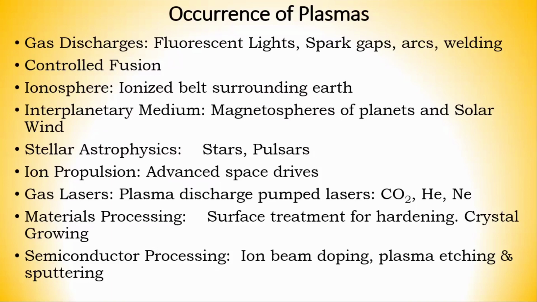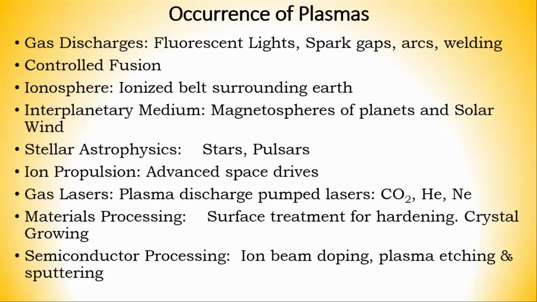That plume consists of the positive charges and negative charges of the target, the vaporized form of the target material, right? So that plume is nothing but the plasma. So during materials processing, surface hardening, surface treatment, crystal growing, right?